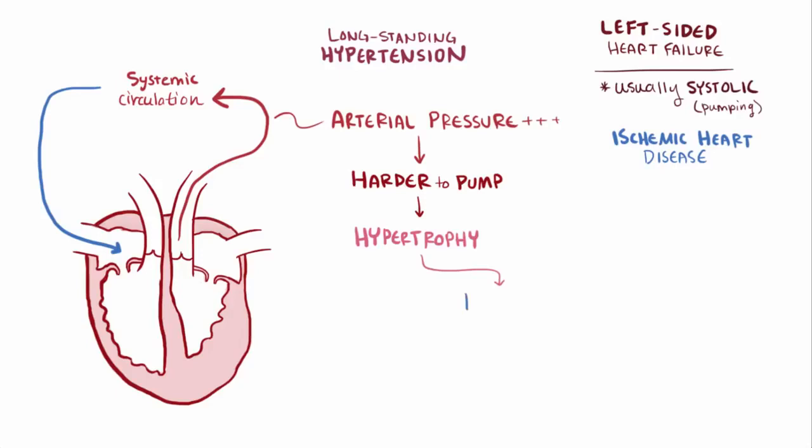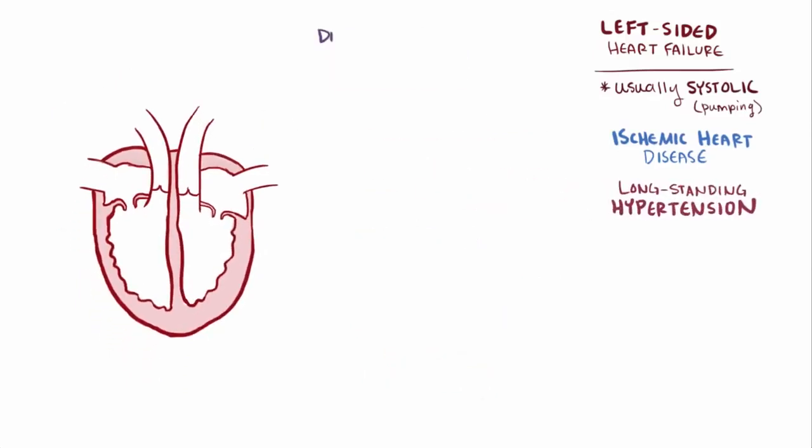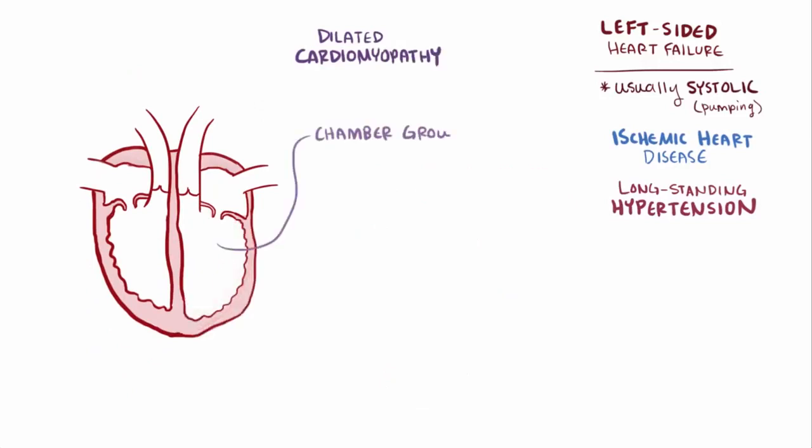The increase in muscle mass also means that there's a greater demand for oxygen, and to make things even worse, the coronaries get squeezed down by this extra muscle so that even less blood's delivered to the tissue. More demand and reduced supply means that some of the ventricular muscles starts to have weaker contractions, leading to systolic failure.